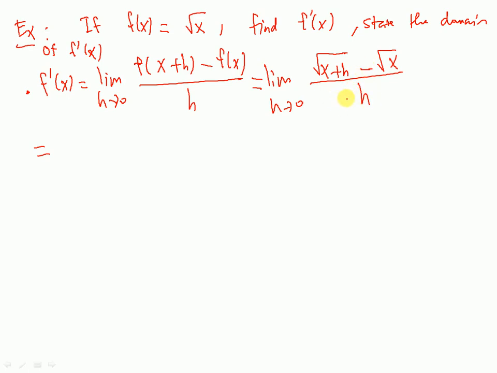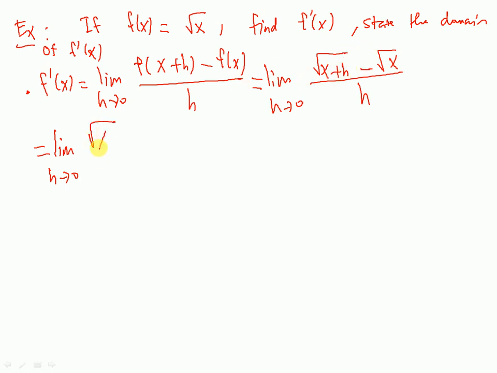So the solution is, because we cannot further reduce this one as compared to the last example, but we have something with the radical, two radicals subtracting each other, then there's a trick to this problem that you have to multiply by the conjugate of this one in order to simplify it.